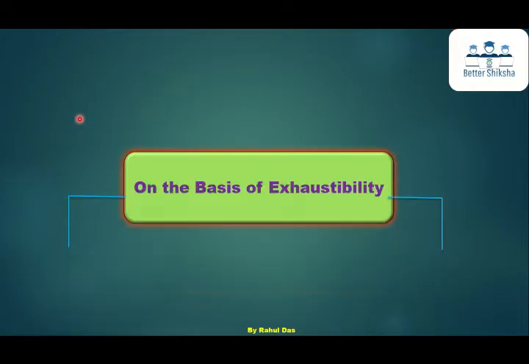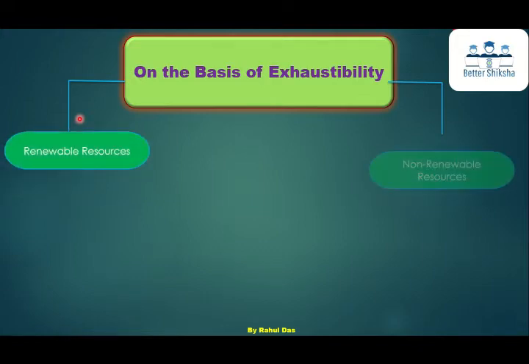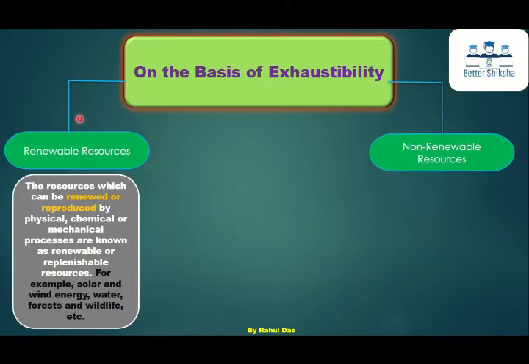We will move to the next classification, that is on the basis of exhaustibility. The first is renewable resources and the second is non-renewable resources. What are renewable resources? The resources which can be renewed or reproduced are known as renewable resources.